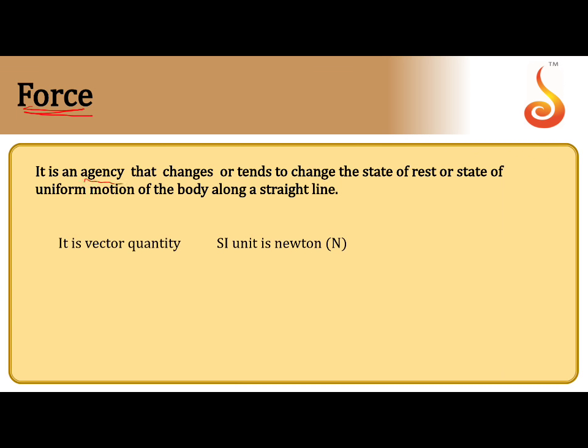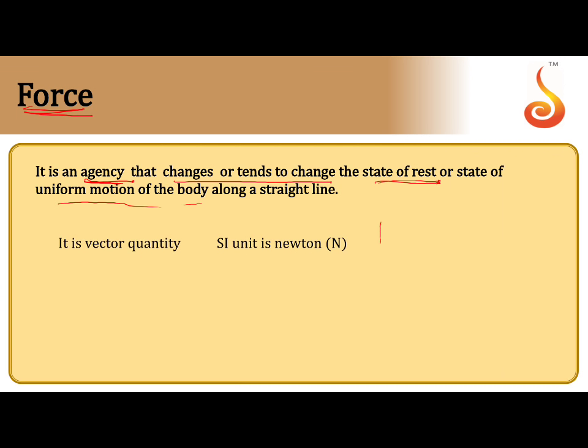It is an agency which tends to change the state of rest of a body or the state of uniform motion of a body along a straight line. A force is an external agency that changes or tends to change the state of rest of a body or the state of uniform motion along a straight line.